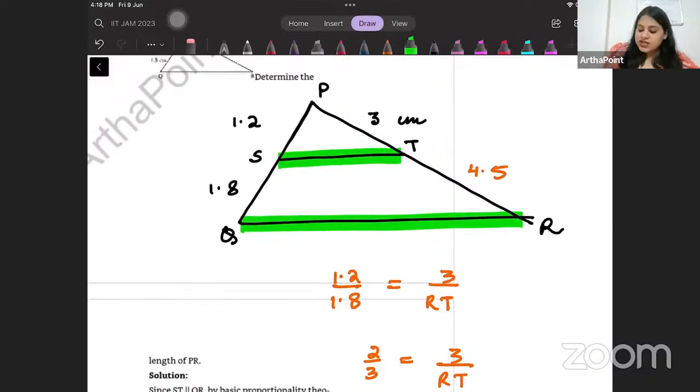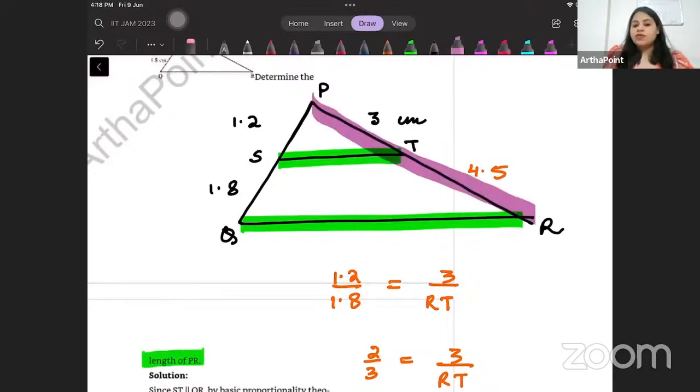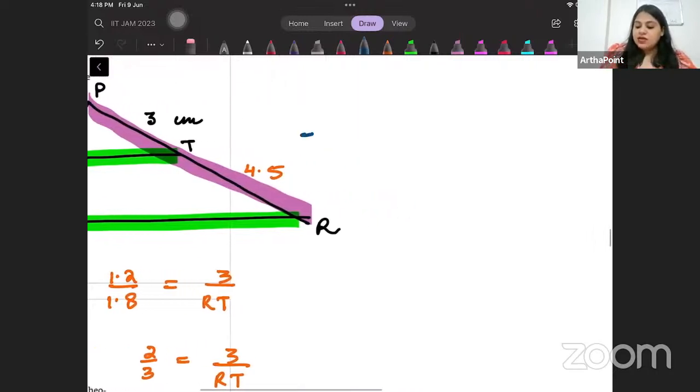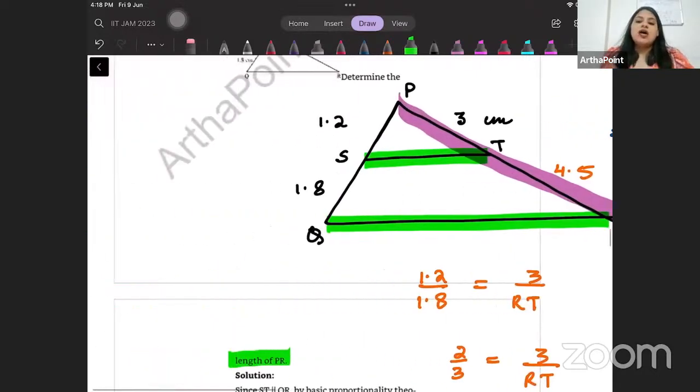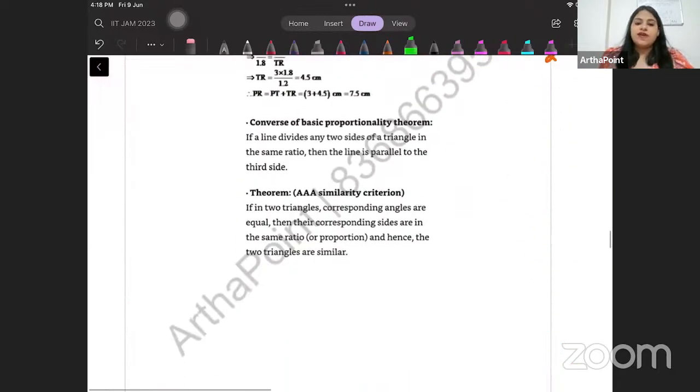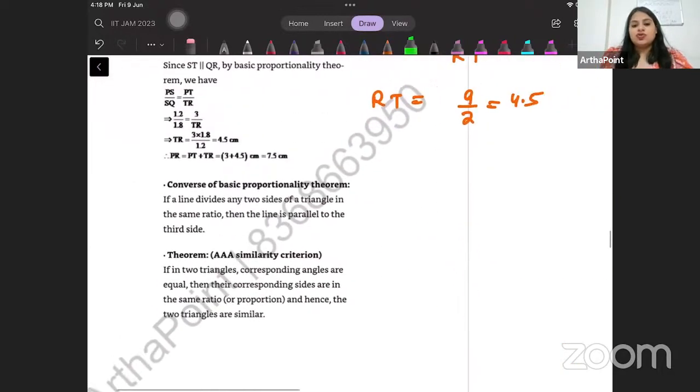Now the question is asking to find the length of PR. So PR will be 3 plus 4.5, which is 7.5. That's the answer to your question.